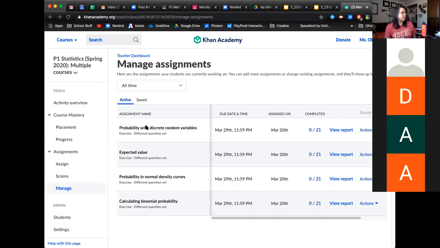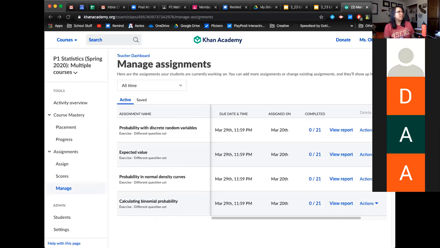There's these 4 assignments here. Probability with discrete random variables is the one where you have the table and you just add them together. Expected value problems are the ones where you might have to make the table and then calculate the expected value by multiplying and then adding. Probability and normal density curves are the z-score problems. And calculating binomial probability is the binom CDF PDF ones. But these assignments only have like 4 or 5 problems in them.